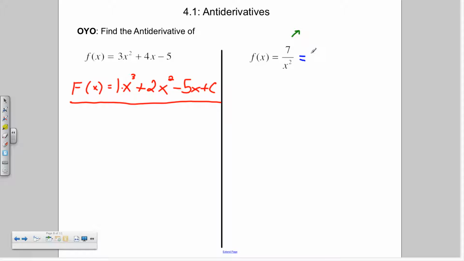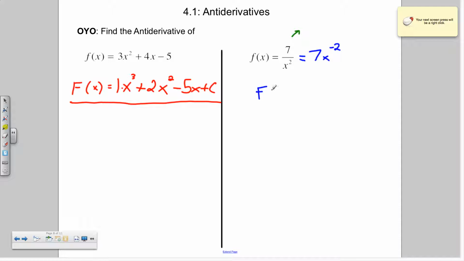In order to derive this, we needed to write it as 7x to the negative second in order for the power rule to work. Now for antideriving, we still want the power rule to work, so we need to write it with the power, and, well, put it up 1.